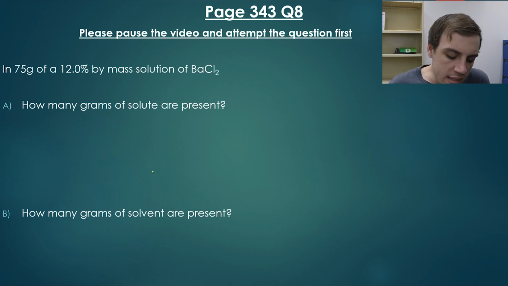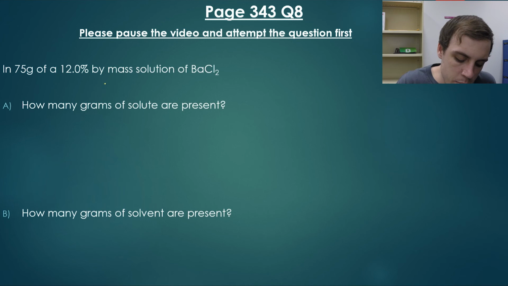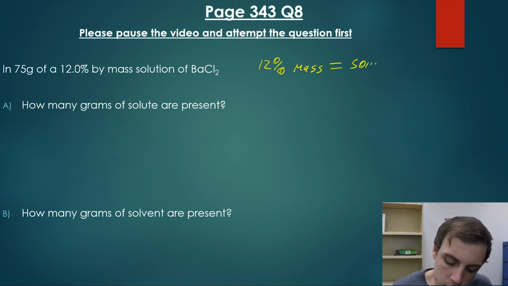So the question states, in 75 grams of a 12% by mass solution of barium chloride, how many grams of the solute are present? Okay, so it means that we have 12% of the mass is the solute.